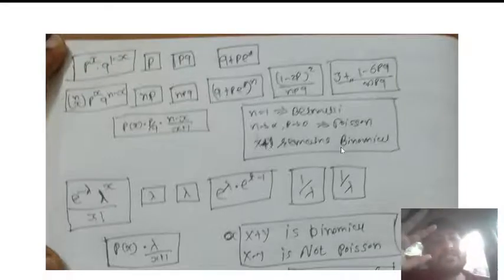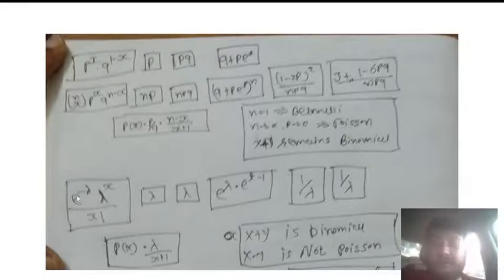Also, if x and y both follow the binomial distribution, then x plus y remains binomial. But if x and y both follow the Poisson distribution, then x plus y turns into a Poisson distribution as well; we will see that later in the Poisson distribution's properties.